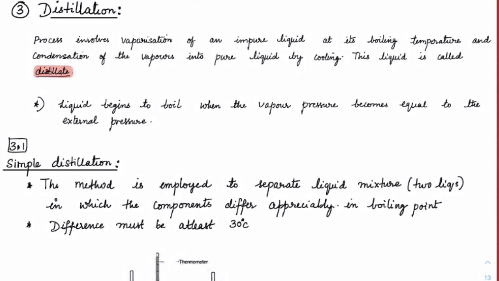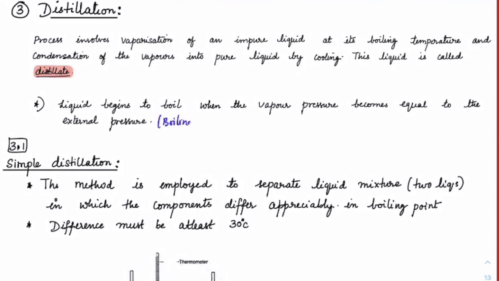This is a process which you may have heard before also. We take the liquid and start boiling it, till its vapor pressure becomes equal to external pressure. You know the term boiling point, right?